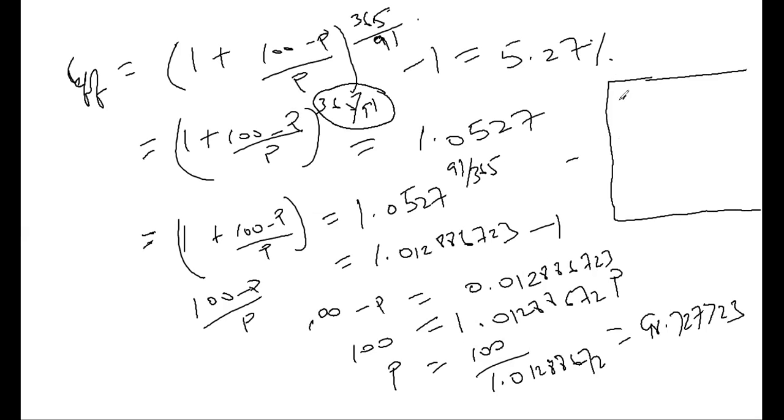A worth of 1 million in Treasury bills would cost 98,727.23. Okay? Clear? Is there any questions? No.